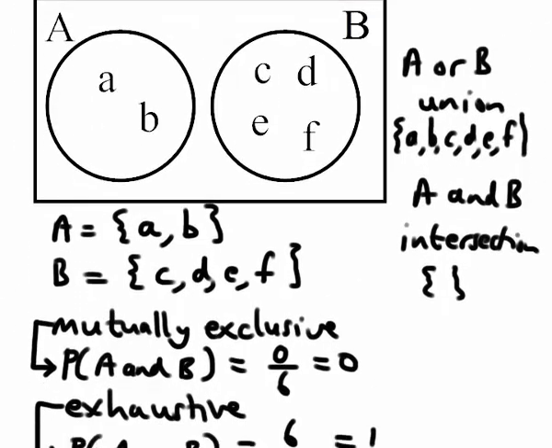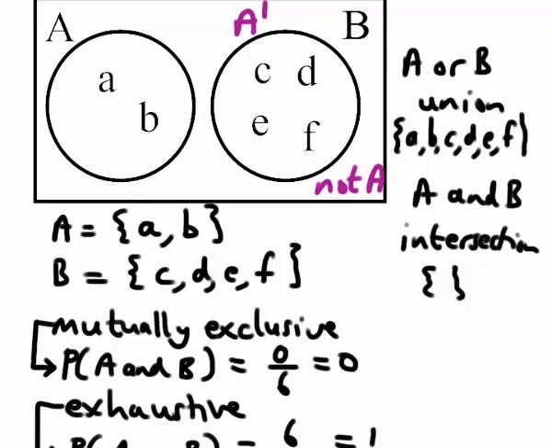In probability, we often refer to the set B as A complement, or what's not in A. What is not in A would be c, d, e, f. In other words, B contains everything that's not in A. That's A complement, not A. A and B are complementary because they're mutually exclusive and at the same time exhaustive.